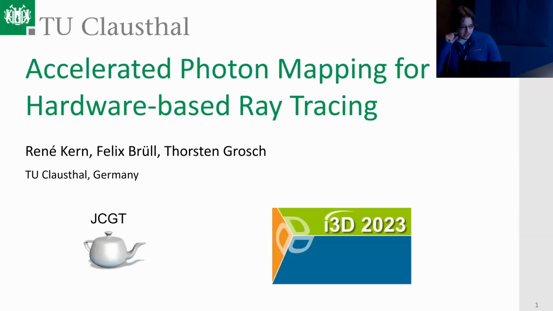Yeah, thanks for the introduction. I'm René Kern from the Technical University of Clausthal in Germany. And I present to you accelerated photon mapping for hardware-based ray tracing, which was published in the Journal of Computer Graphics Techniques earlier this year.